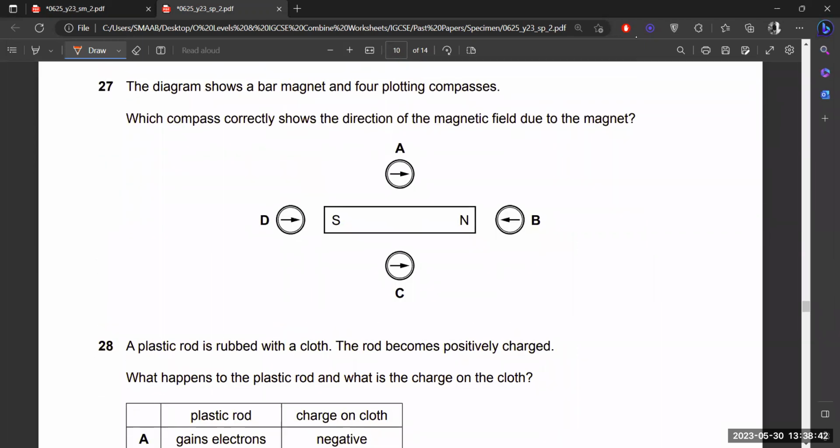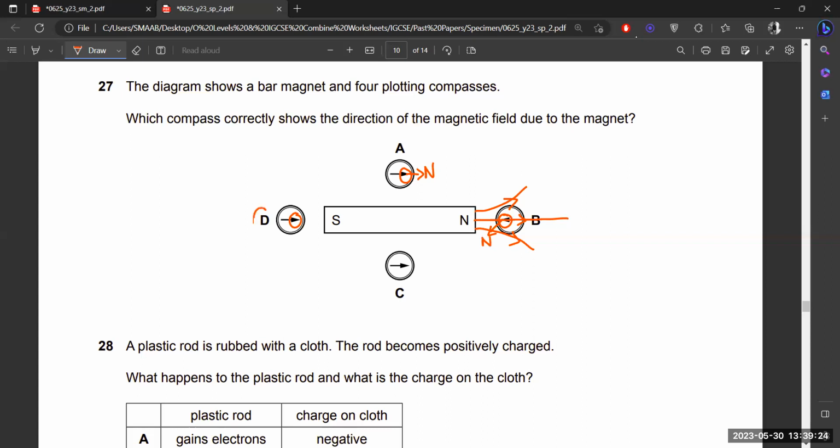Question 27, the diagram shows a bar magnet and four plotting compasses. Which compass correctly shows the direction of the magnetic field due to the magnet? You need to identify the magnetic field. When we are using the compass, the direction of the arrow shows the North Pole, and the field moves from north to south. The field of the magnet is radially outward from the north side. According to this situation, we need to identify the compass which shows the direction towards the right-hand side, because the field from north is moving towards the right.